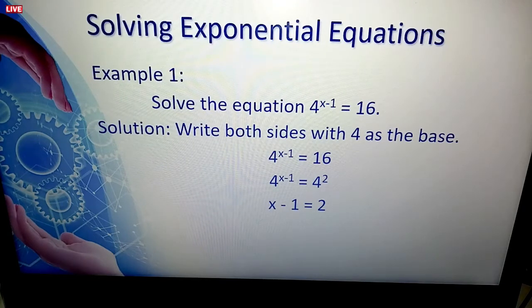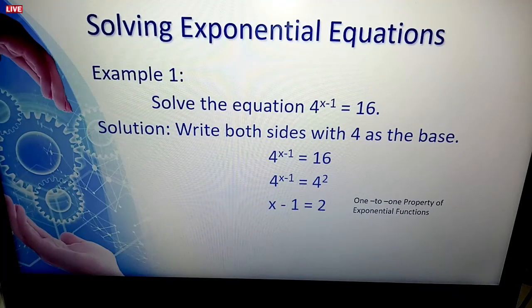Next, since the left and right sides now have the same base, which is 4, according to the one-to-one property of exponential functions, if they have the same base, then their exponents can be equal. The exponent on the left is x minus 1 and on the right is 2, so they can be equated. So by this portion, we can get the value of x.